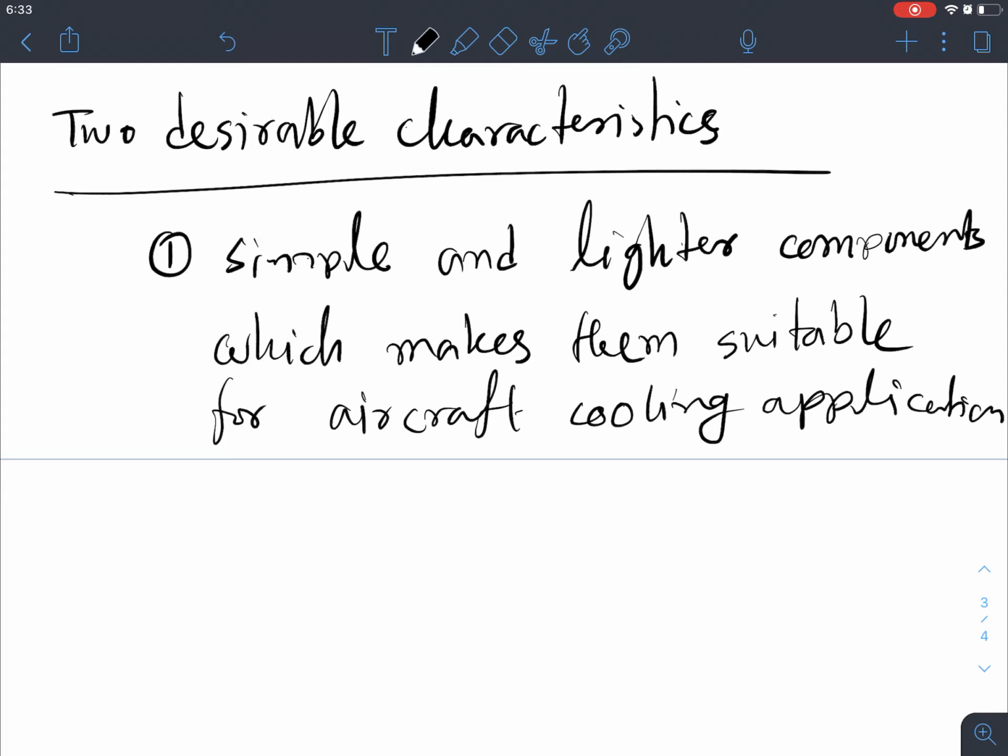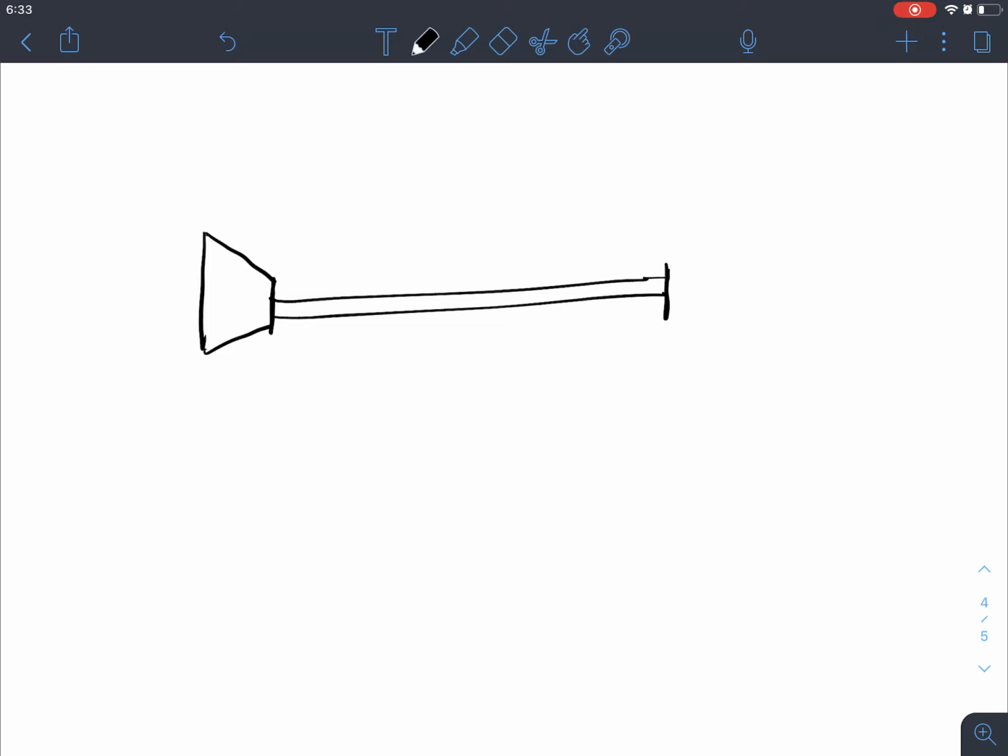That aircraft cooling application is basically the open cycle aircraft cooling system. If we draw the open cycle aircraft cooling system, it will look like this. Basically we have a turbine, and that turbine is connected to a compressor. And then we have a heat exchanger, right?